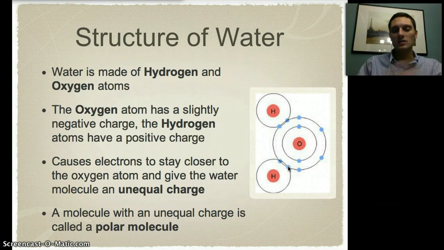And because of that, oxygen overall in this water molecule has a slightly negative charge, and hydrogen has a slightly positive charge. So these 2 hydrogen atoms here have a slightly positive charge. The oxygen has a slightly negative charge. And this unequal distribution of charges we call a polar molecule. It makes this molecule polar because the oxygen is slightly negative, the 2 hydrogens are slightly positive. It's not evenly balanced between the 2.